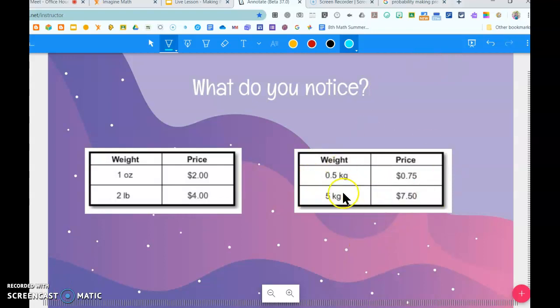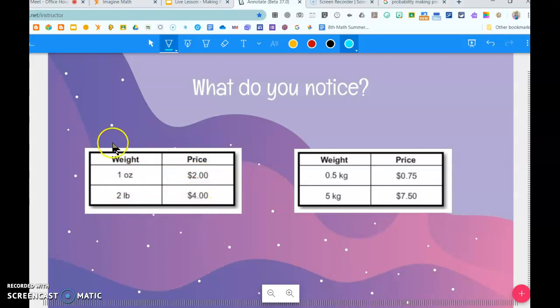Over here, I notice that the numbers are similar, but the decimals are in different places. Does anybody notice anything about this side? Good. They multiplied 2 times this number to get this number, and then they multiplied 2 times this number to get this number.